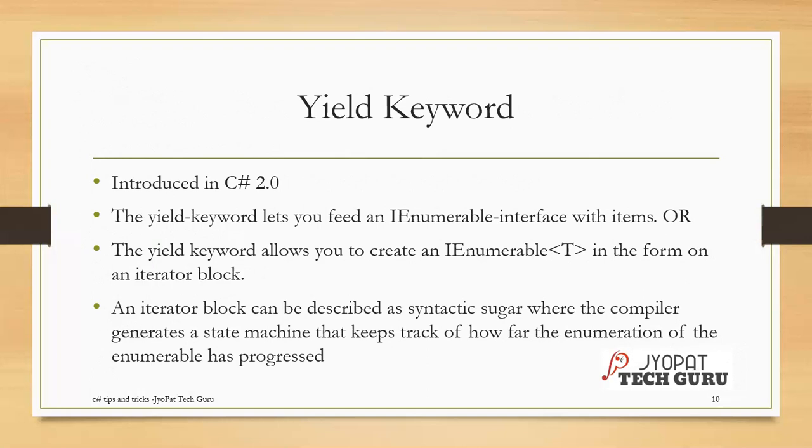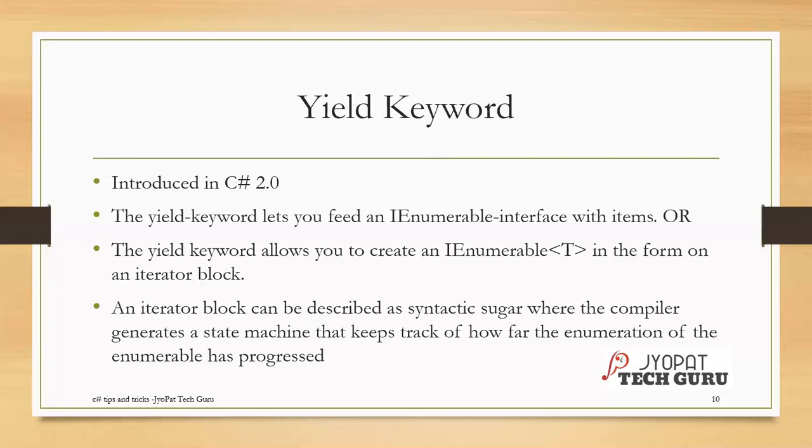If you have predefined collections or some data you want to fill, then with the help of IEnumerable or the generic IEnumerable collection, you can store the data. The yield keyword allows you to create an IEnumerable<T> in the form of an iterator block. So you can store a number of items inside the enumerable interface.